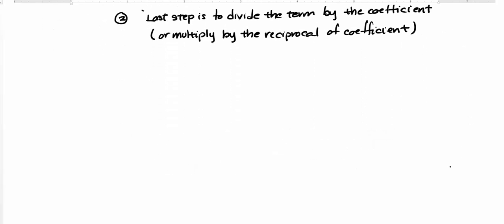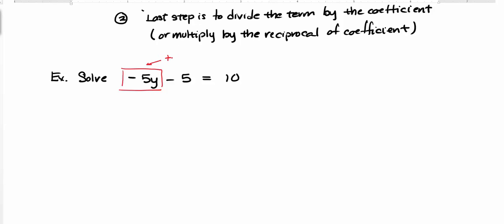For example, let's say we are asked to solve negative 5y minus 5 equals 10. The first thing we look for is the term that contains the variable, and that's this negative 5y.